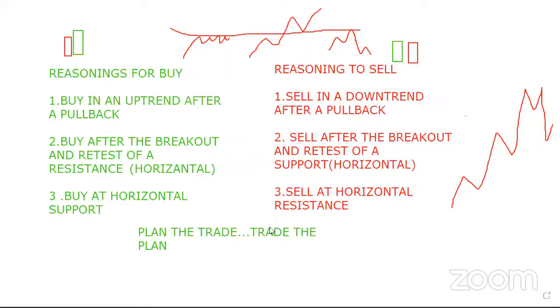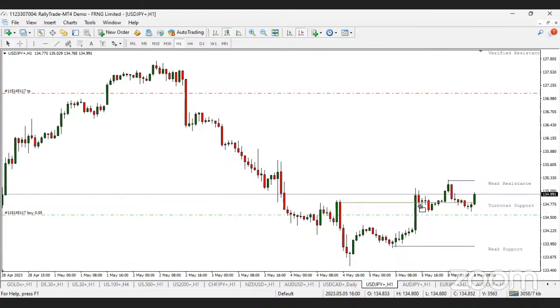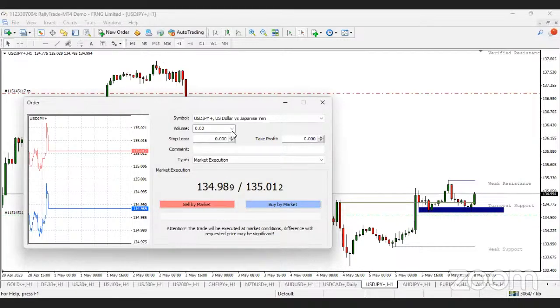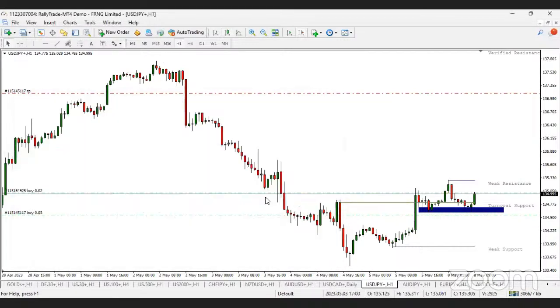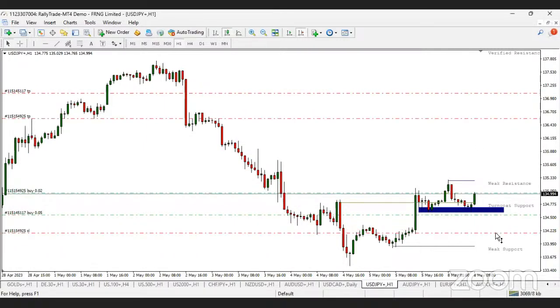So price has already created horizontal support here. So what is the signal to buy? Red candle first, followed by blue. Yes. So USD JPY is good for an instant buy. Then our TP will be above, stop loss will be below. Let me add that to chart mode.